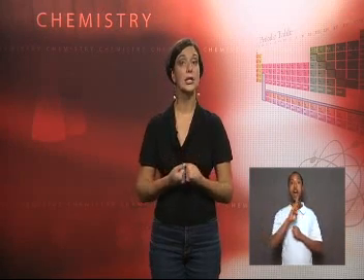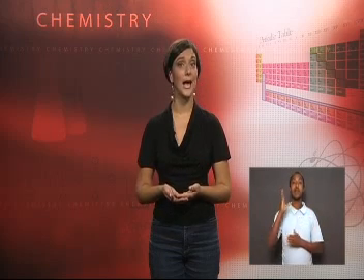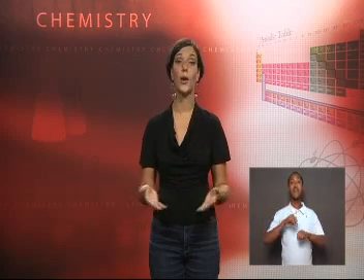When all of the reactants in a chemical reaction are completely used up, the reactants are said to be in stoichiometric proportions. However, these types of chemical reactions do not always occur.